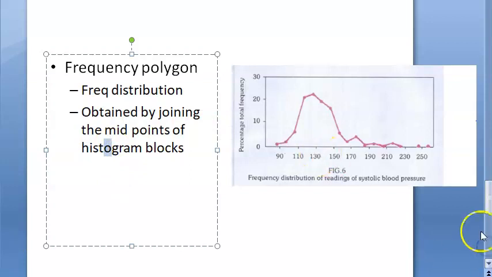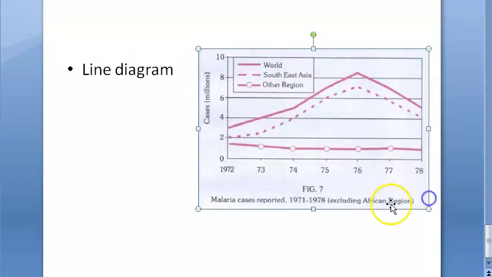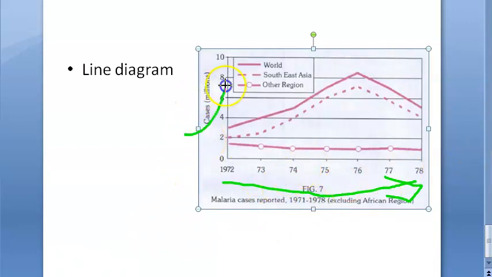Let's move on to one more thing here called line diagram. Line diagram is where they are trying to show the trend of events with passage of time. So let us look at this graph first. Here they are putting time, 1970, 1972, 1973, 74, up till so many years, and here the cases in millions. Cases of what? Malaria. So malaria cases in the world were increasing until 1976 and then they decreased.